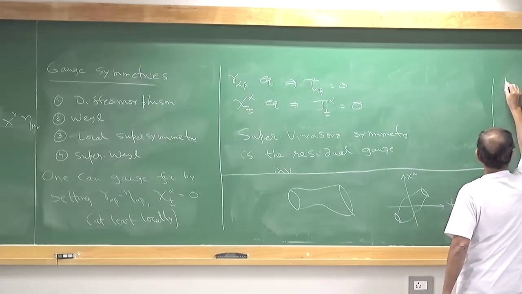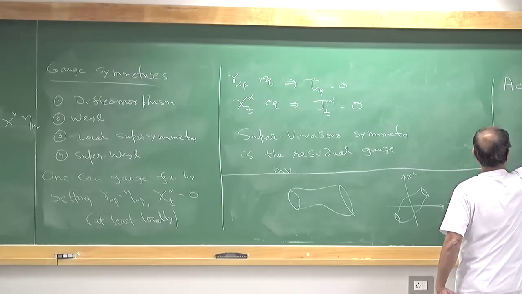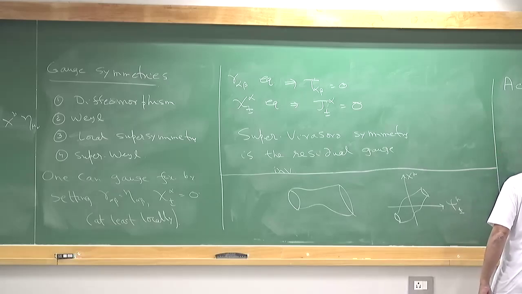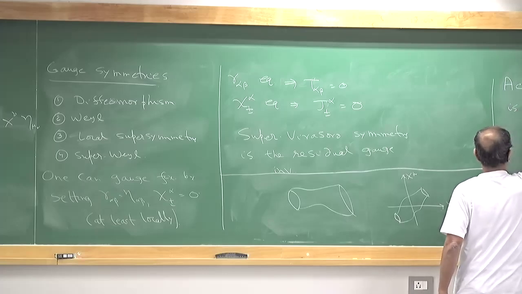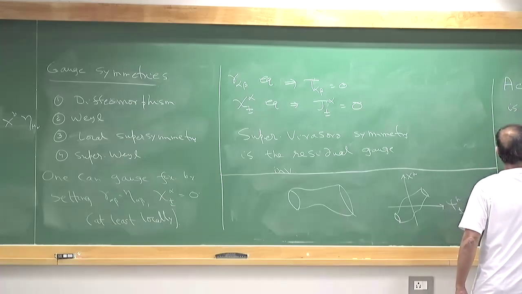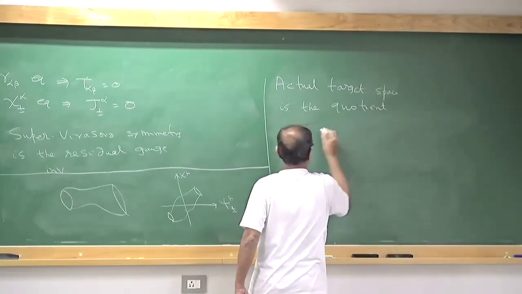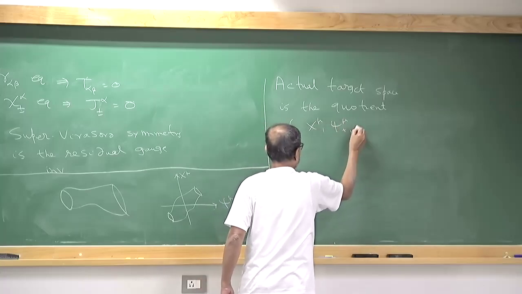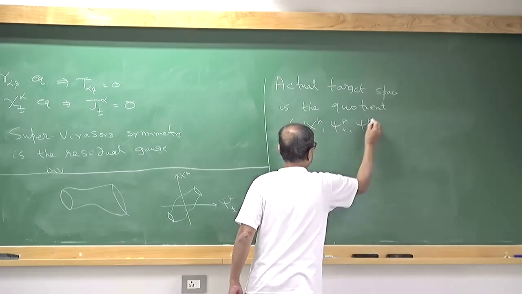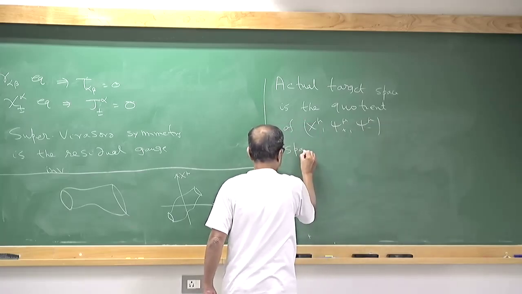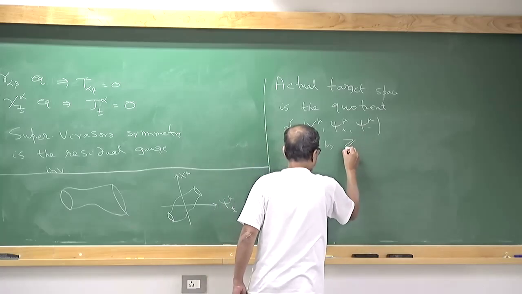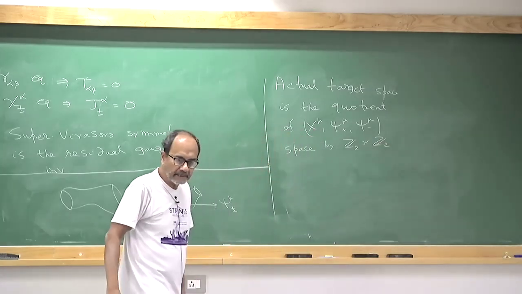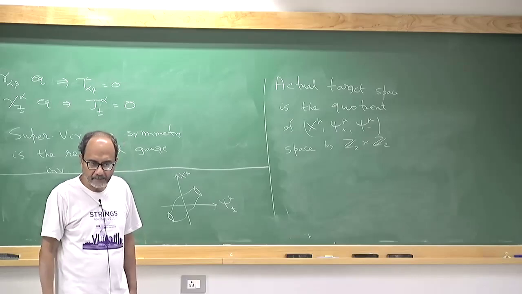The actual target space is the quotient of x mu, psi mu plus, psi mu minus space by Z2 times Z2, a 4-element group Z2 times Z2.